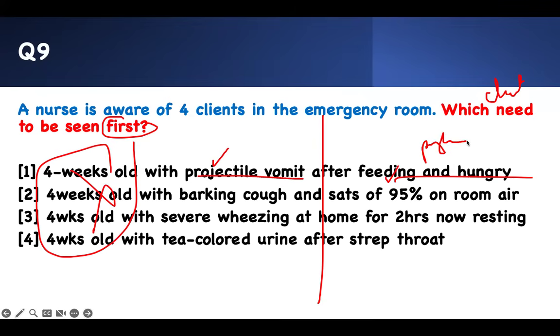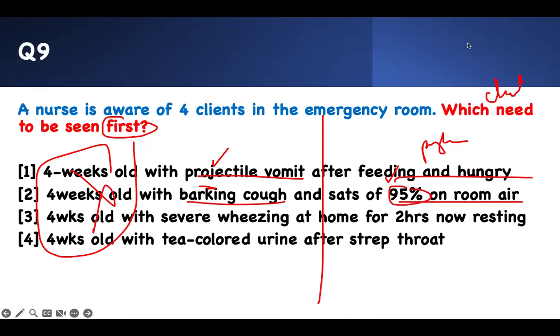Pyloric stenosis. You have a barking cough and your SAT is 95. Whatever cough you're having, your SAT is 95, I'm not worried about it. Just because I'm having a barking cough doesn't mean it's a problem, right? It's a kid's problem. But at the same time, you're looking for signs and symptoms that are usually really bad associated with this problem.